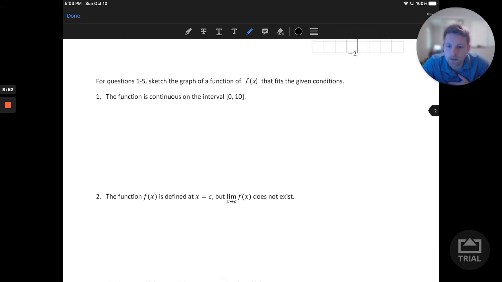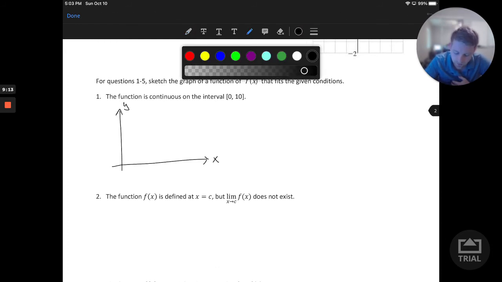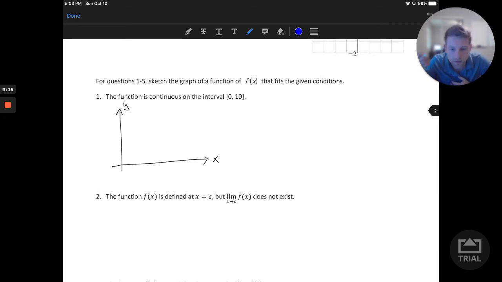The function is continuous on the interval 0 to 10. We just want to find a function f of x where it's simply continuous over the interval 0 to 10. So to do this, let's draw a little graph to start. If I wanted to have a continuous function over this interval, one thing I could do is just be defined at 0, and it doesn't necessarily matter where.